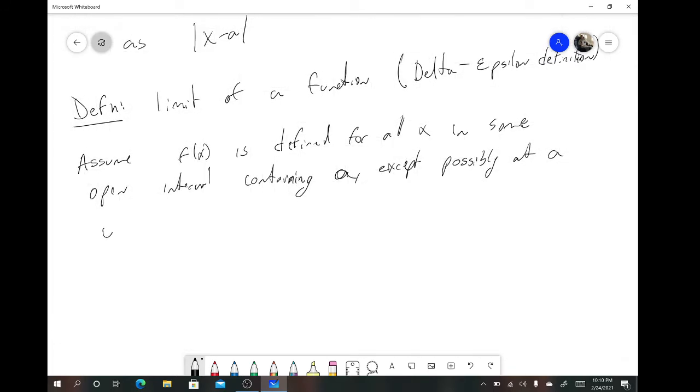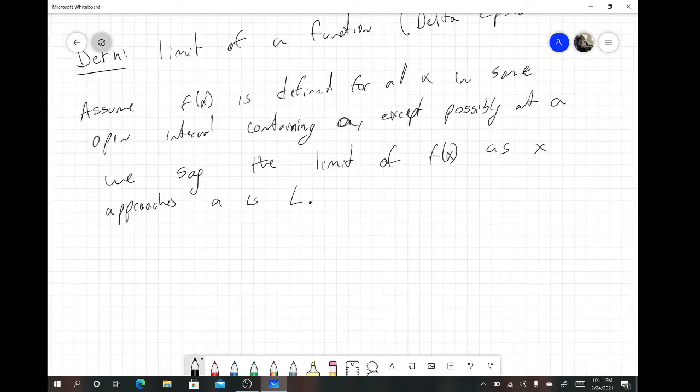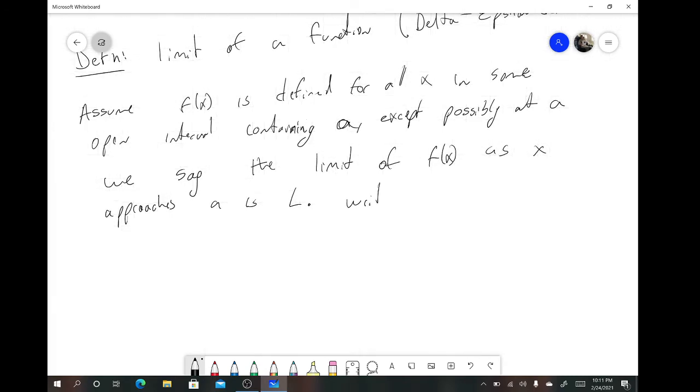Okay, so we say the limit of f of x as x approaches a equals L. This is the definition of a limit.